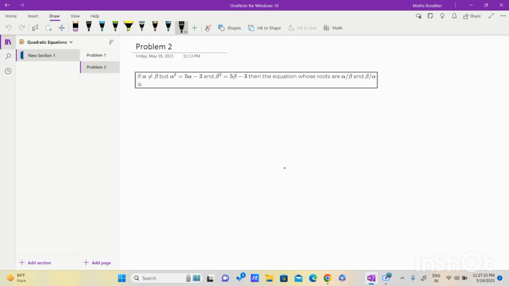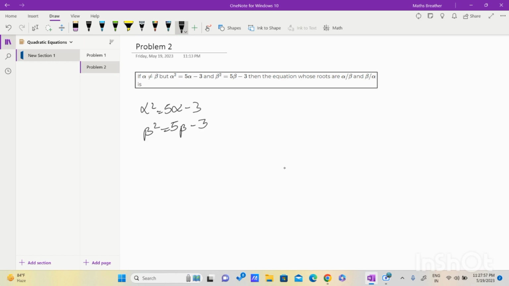Problem 2 says that there is some variable alpha and a variable beta, and there are equations which both follow: alpha square equals 5 alpha minus 3, beta square equals 5 beta minus 3.